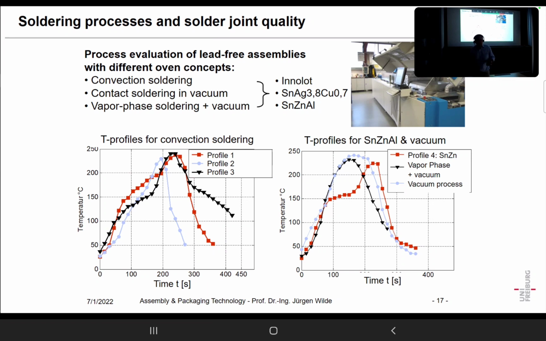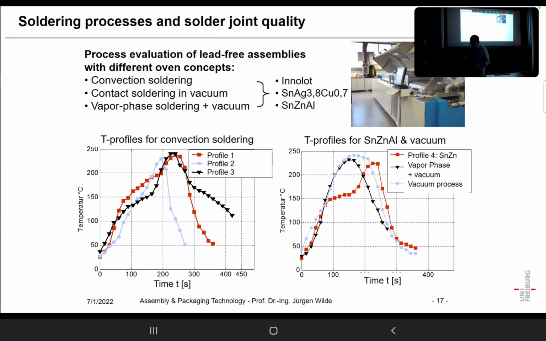And now what people do in vapor phase soldering, they do not use water because here the temperature would be too low, but they use some organic substances, a certain kind of alcohols, also higher alcohols, which have a high boiling point and high condensation point, maybe also around 230 degrees centigrade.